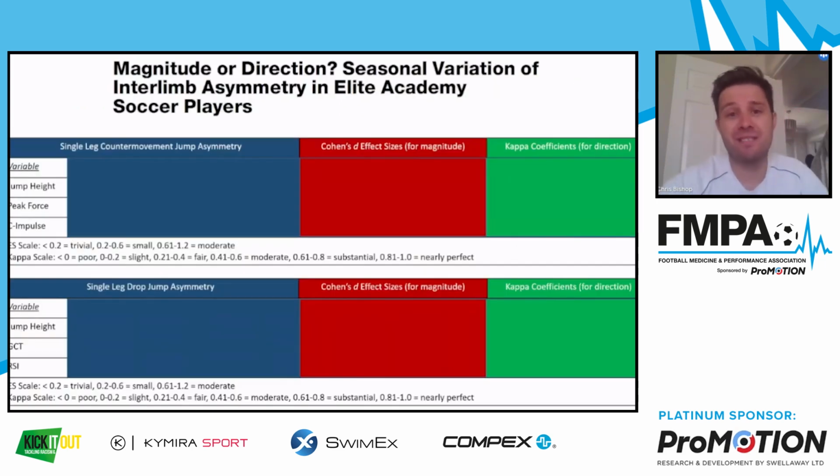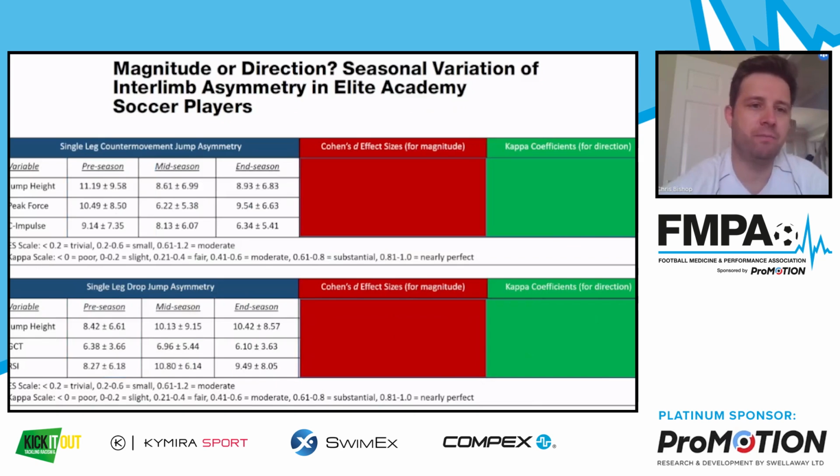So this is my second PhD study, actually. It was the first at the time to track and monitor the magnitude and direction of asymmetry in healthy athletes. Naturally, longitudinal monitoring had been done in injury-based research, but it hadn't really been done in healthy athletes. So this was done in elite academy football players.